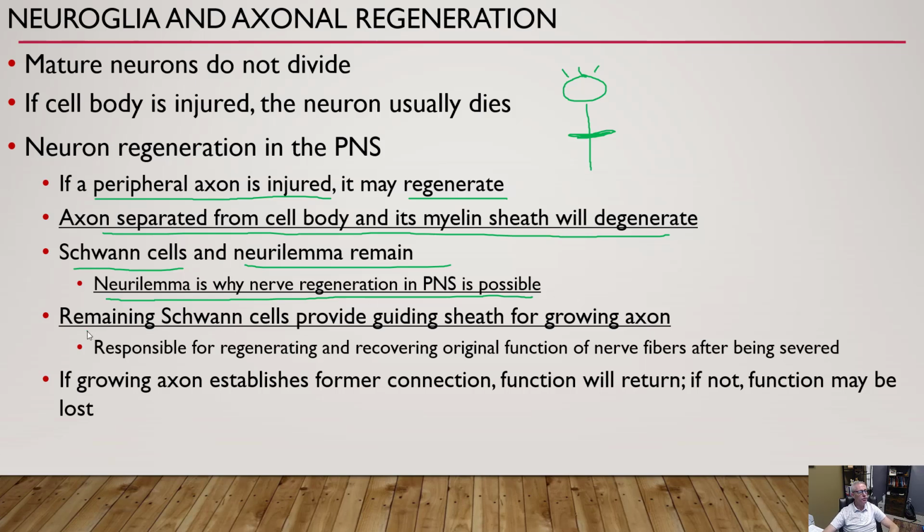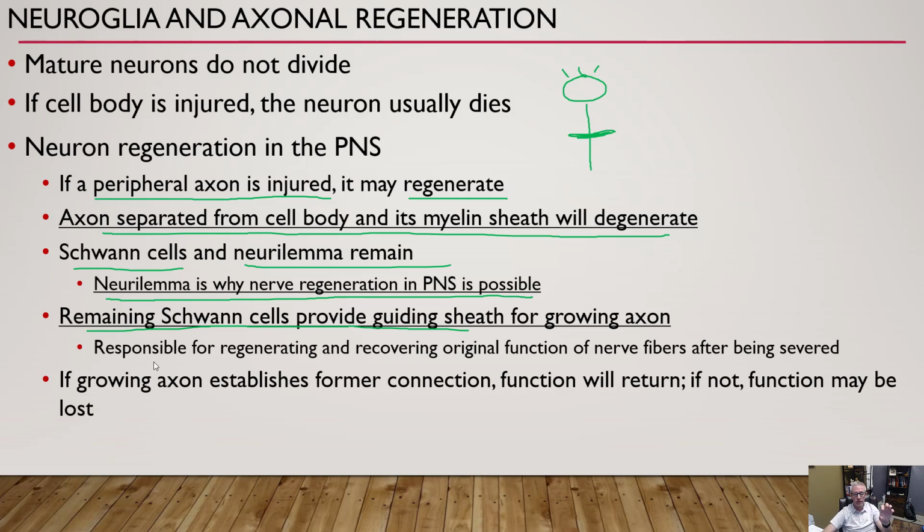Because those Schwann cells stay there, they will act as a guiding sheath for that regenerating axon, for that growing axon.